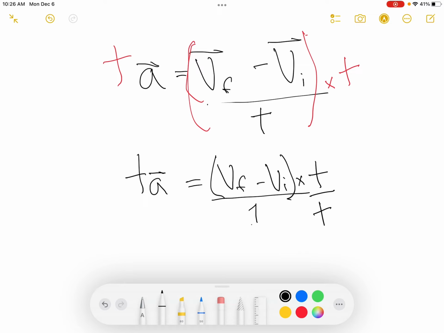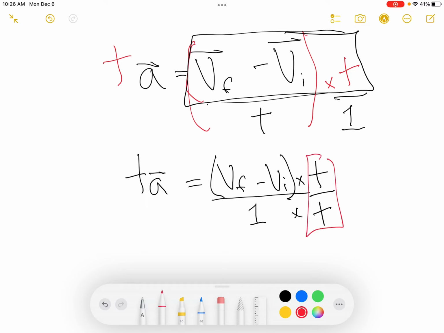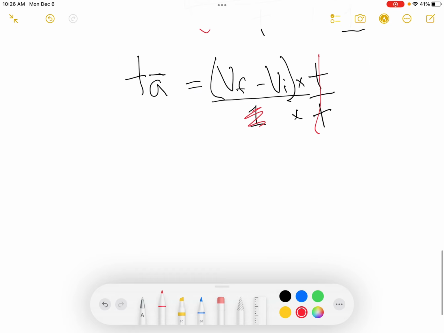We could rewrite it so that on the top we have Vf minus Vi times t, and on the bottom we have essentially 1 times t. We could place that 1 there. But in this case we do have the t over t that we were looking for, and t over t is just equivalent to 1, so it doesn't need to be there. This 1 doesn't need to be there either. It's not really doing anything, it's just a placeholder.